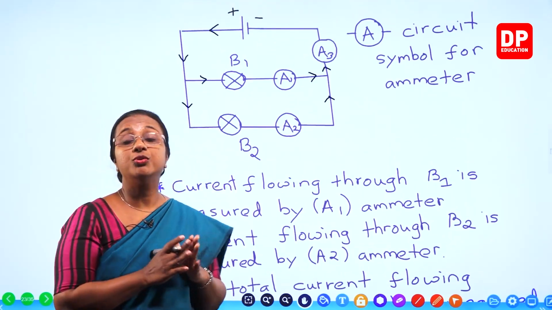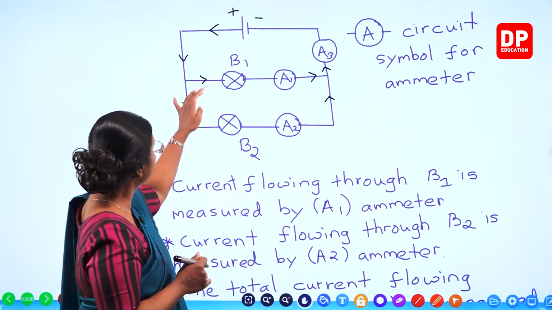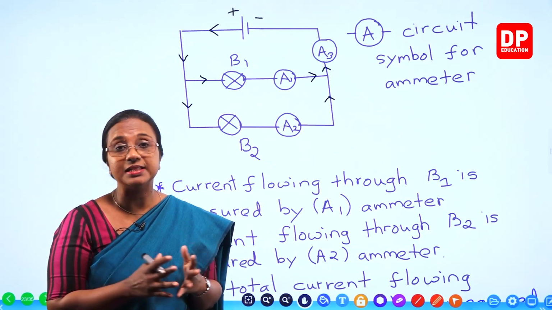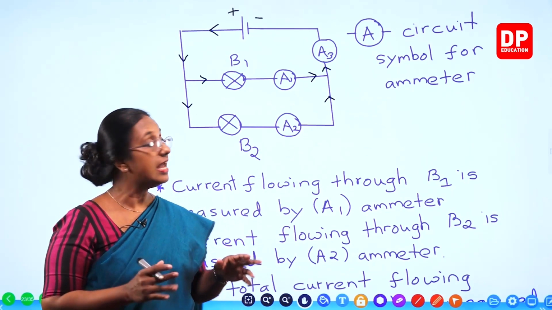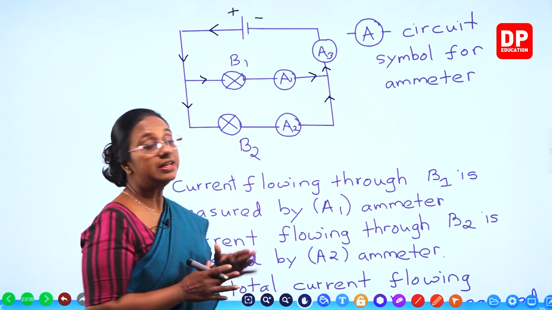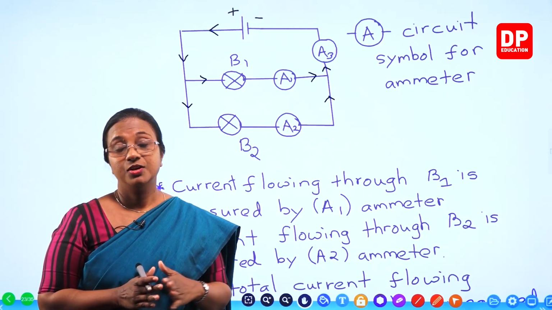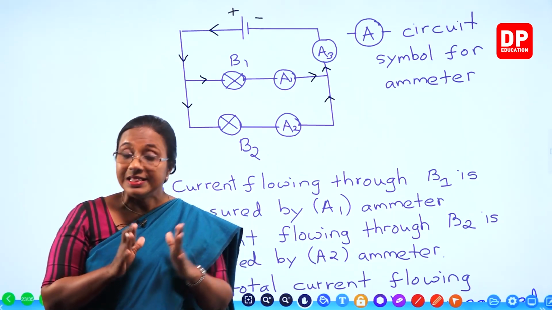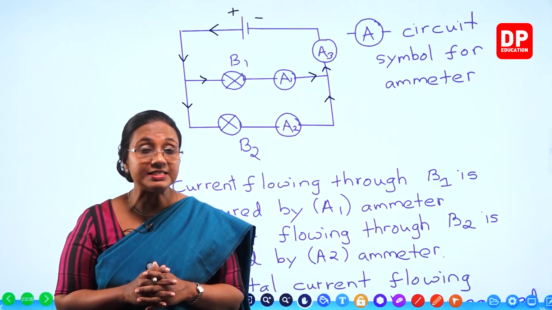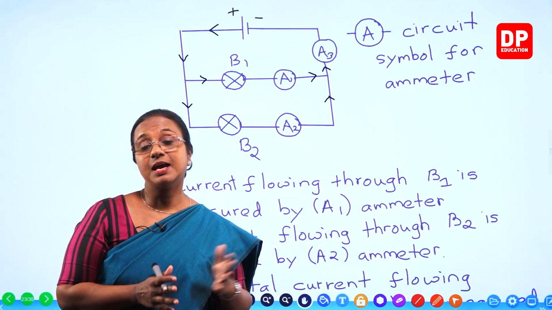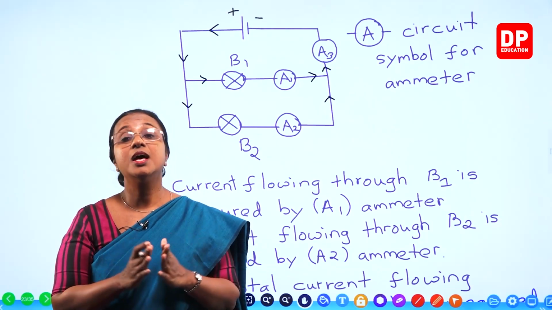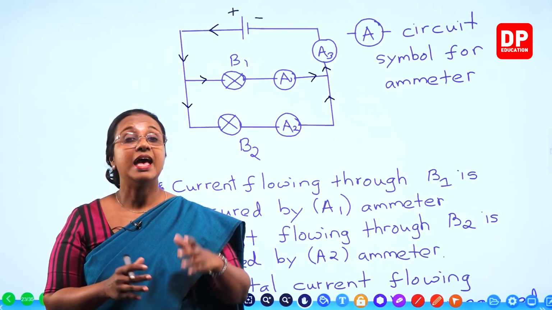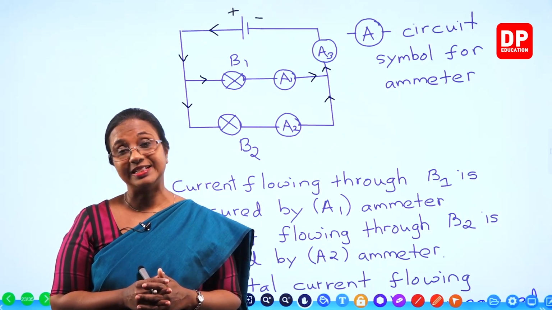And if you want to find the current flowing through each device here, let's say the bulb or some other electric device, then you need to have different ammeters. So that is what we have discussed so far. With that, students, I am going to end this chapter, and in the next chapter, I will discuss what potential difference and electromotive force is, and thereafter we can continue with the lesson.